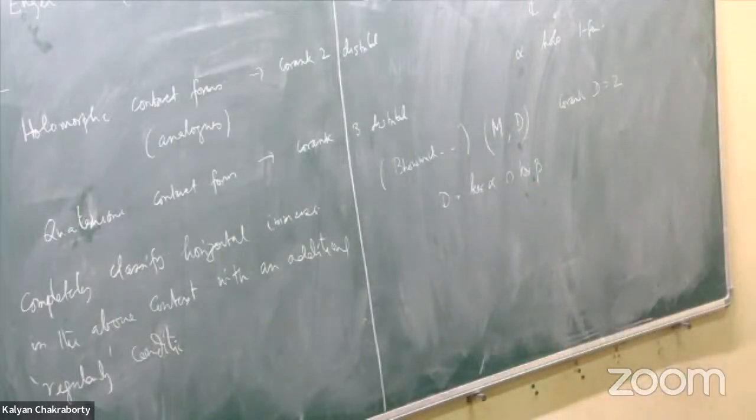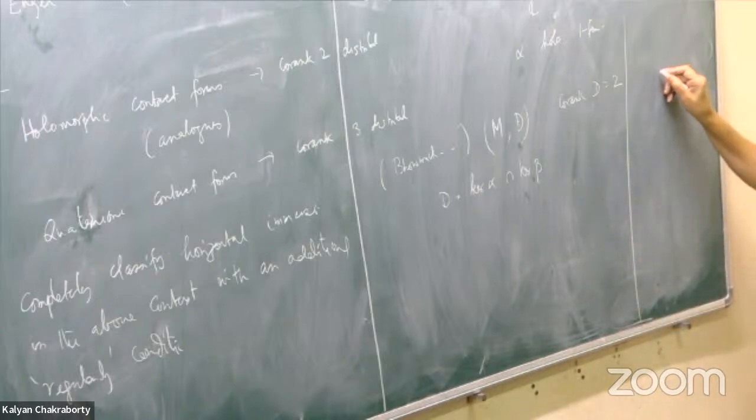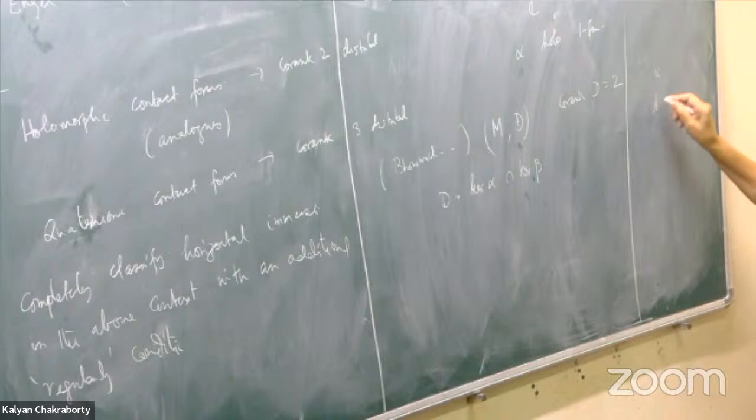This is called strongly bracket generating. What we saw in the case of contact forms, when I start with alpha, which is a contact form, and d alpha I restrict it to D, then this was a symplectic or non-degenerate form.